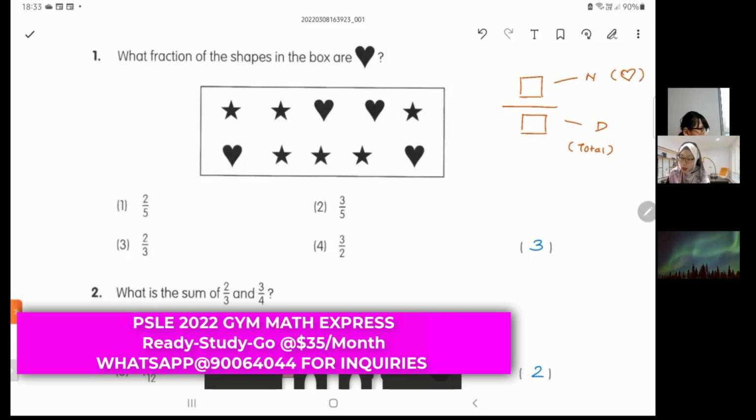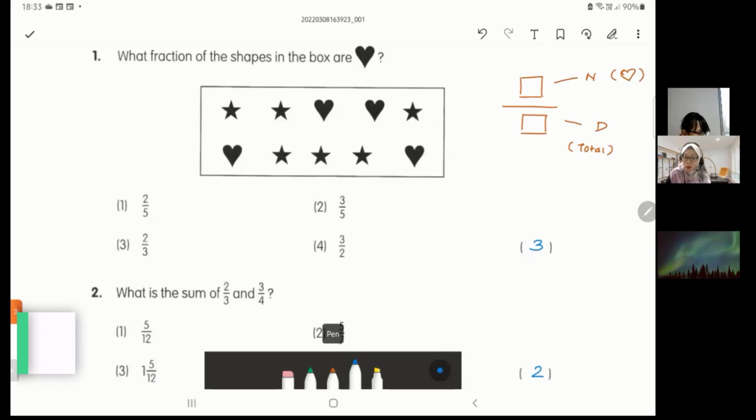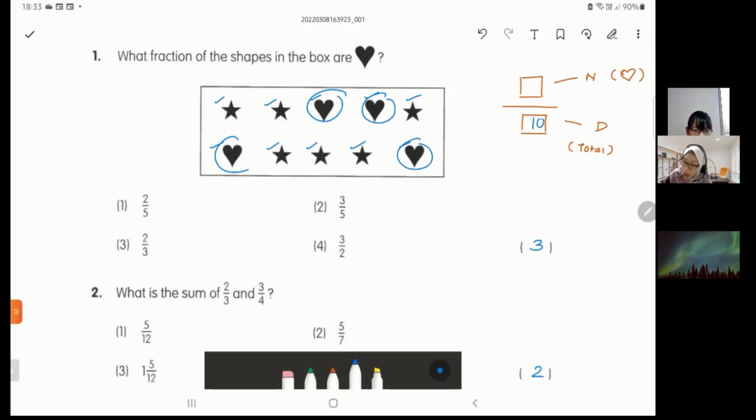So let's find out what is the total number of shapes then. How many shapes do we have? 1, 2, 3, 4, 5, 6, 7, 8, 9, 10. I have 10, so you write down 10 like that. Now, how many hearts do we have then? We have 1, 2, 3, 4 hearts. Now, remember that we need to simplify fractions whenever we can.